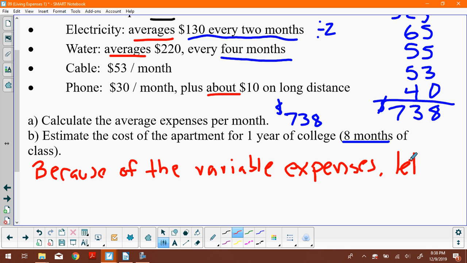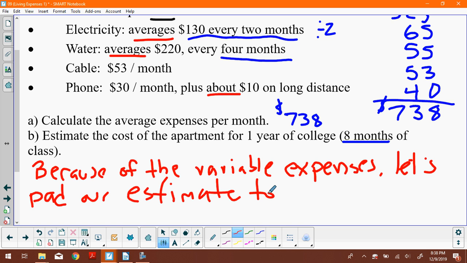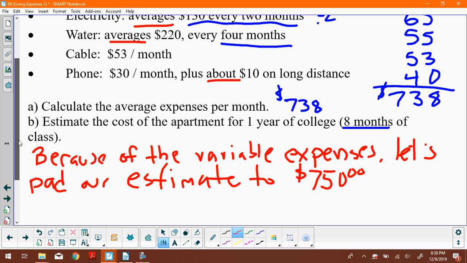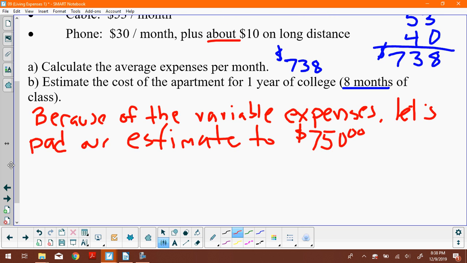We'd rather plan to spend a little more and have less than plan to spend too little and have to go into debt for something. So then it's as simple as saying that's going to be 750 times 8, which is $6,000.